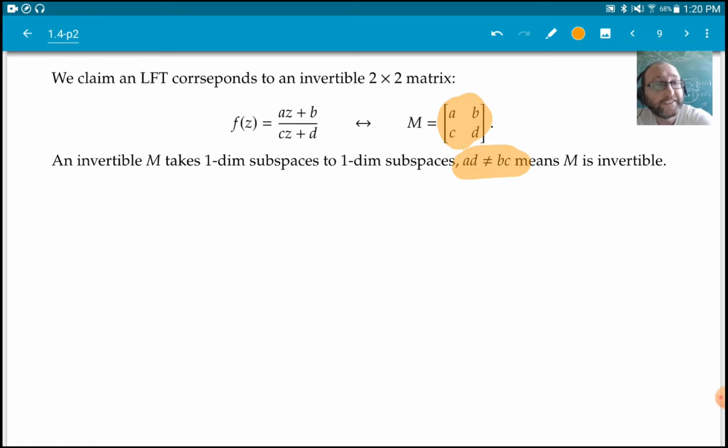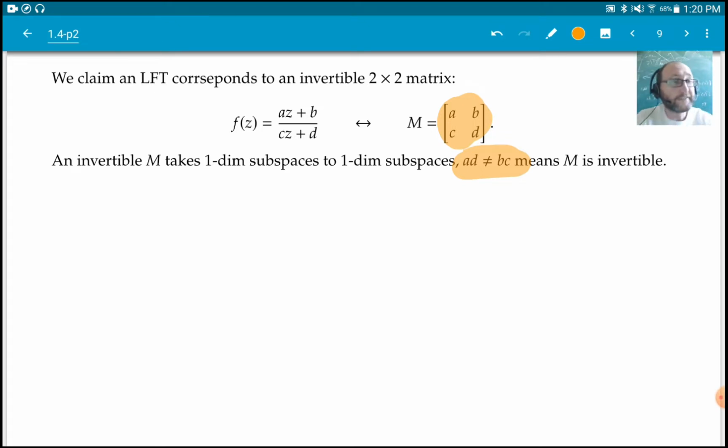So that means that it's invertible. So that makes sense. And furthermore, if I have an invertible matrix, then it does take one-dimensional subspaces to one-dimensional subspaces, because it's supposed to preserve dimension if it's invertible. So it takes points in CP1 to points in CP1.